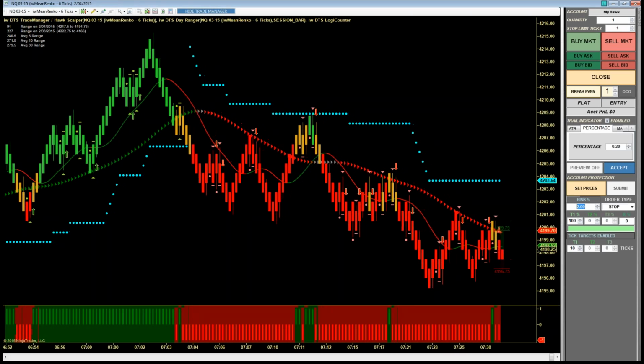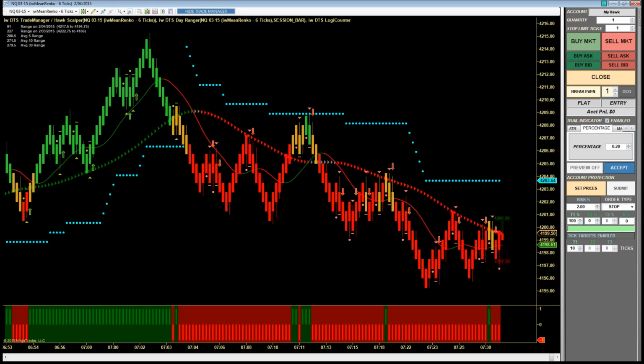So they effectively busted their account. Or even if they had risked, say, 7 or 8%, they've still decimated their account to the point where it's probably beyond recovery. But if you risk, ideally if you risk 2%, and I realize that for some of you who are trading $10,000 accounts or less, this is going to be a difficult number for you, but I'm going to show you some solutions in a moment.